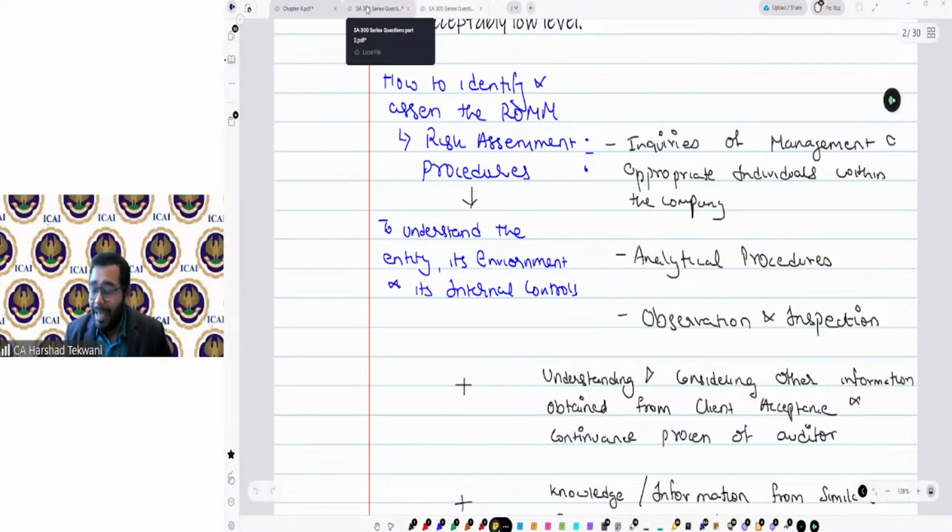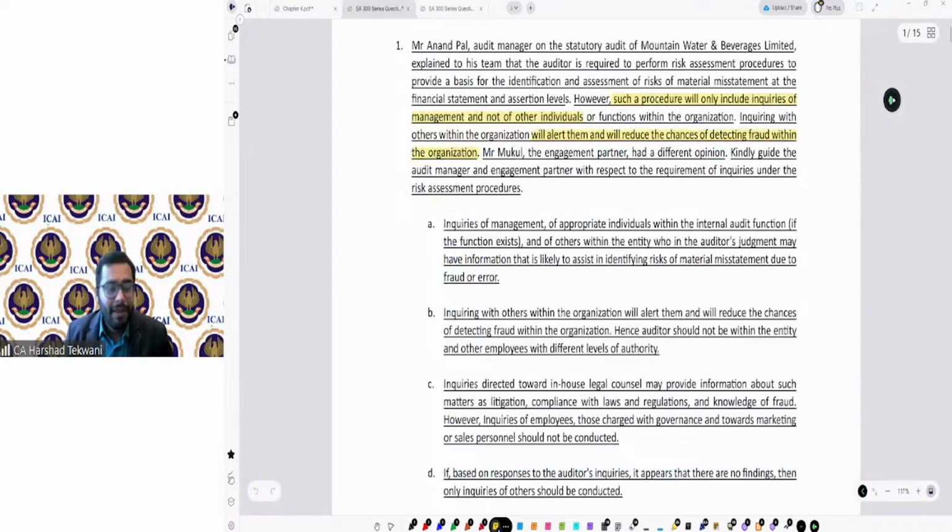Now in the current case, when I say inquiries of management and of appropriate individuals within the internal audit function and of others within the entity, who in the auditor's judgment may have information that is likely to assist in identifying risk of material misstatement, that is necessary before we start preparing the whole audit program in detail.